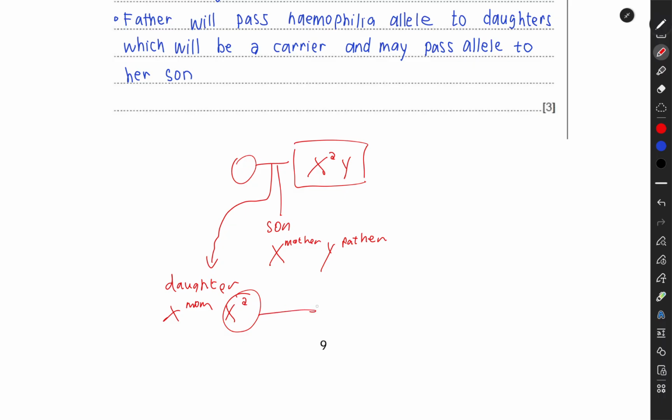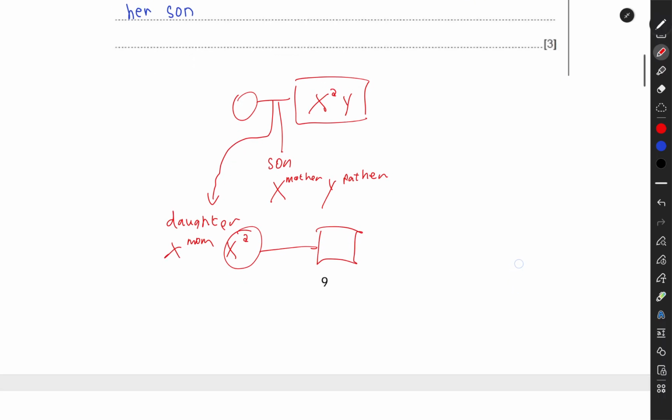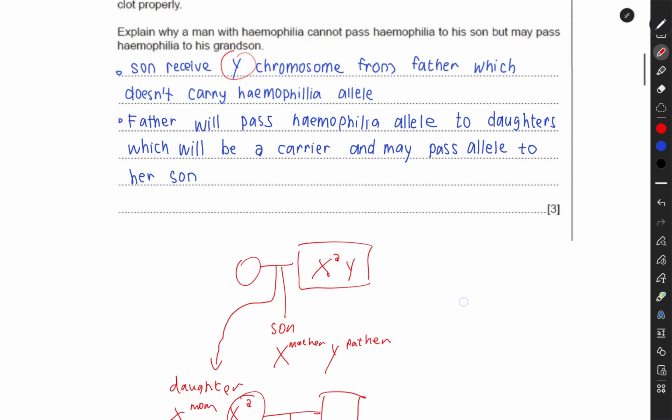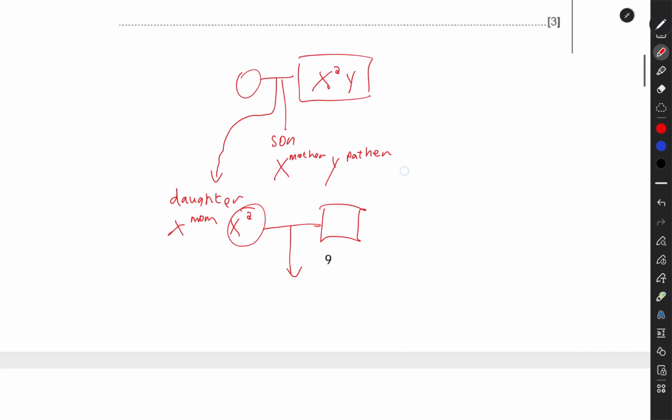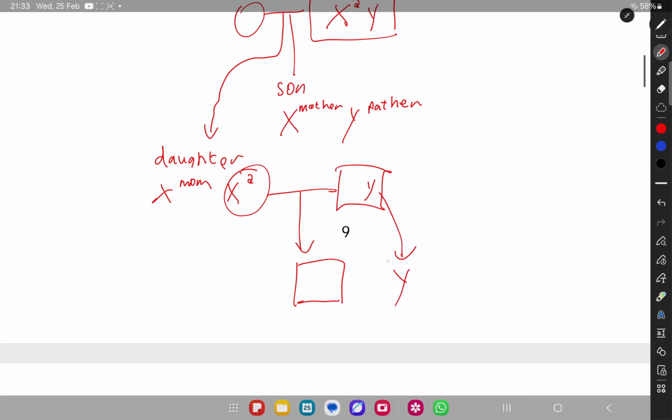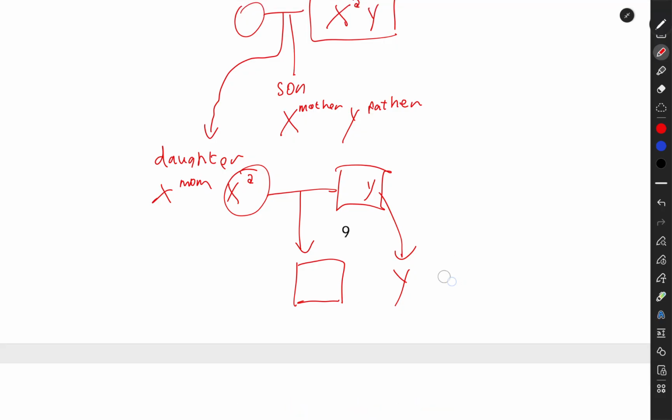And if this girl marries someone and has a boy, he gets Y from his dad, and there is a 50% possibility that he will inherit the hemophilia allele, half not.